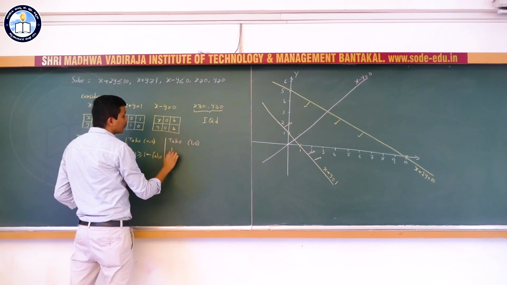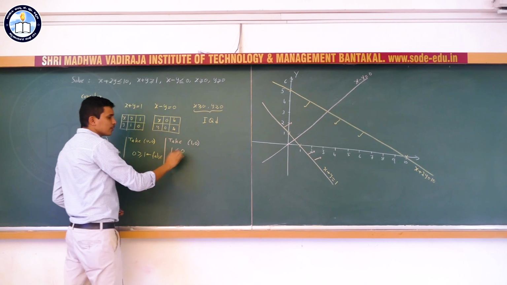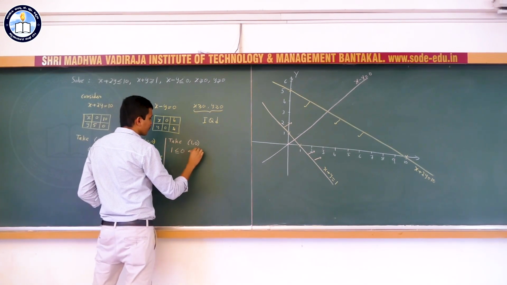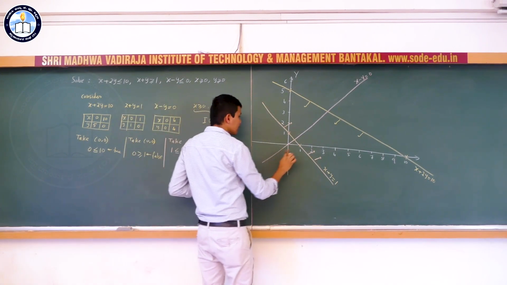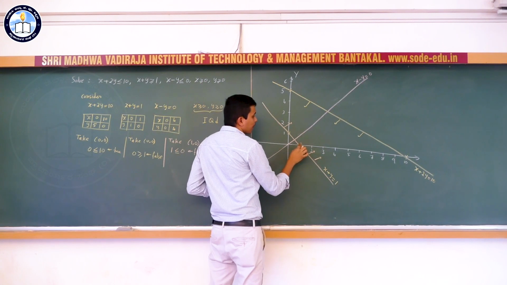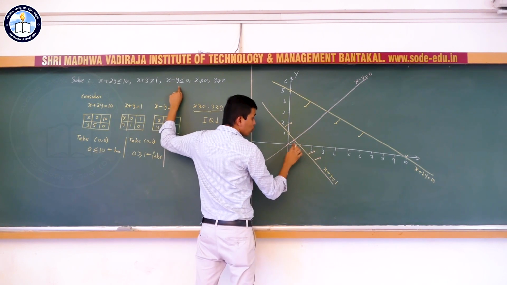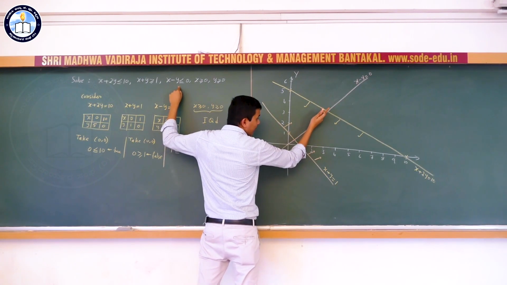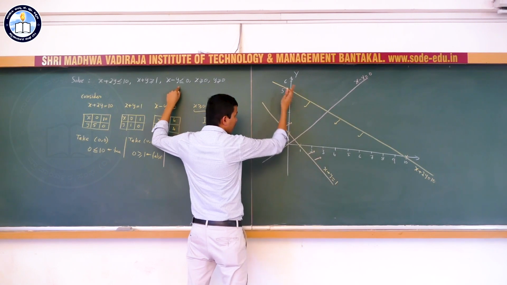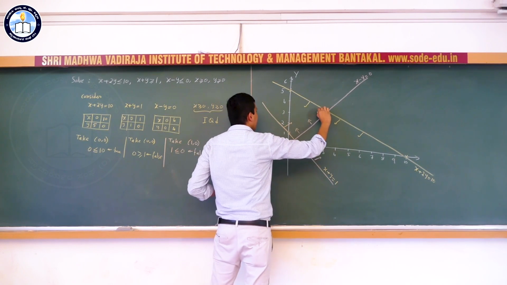X is equal to 1 minus 0, it is 1 less than or equal to 0. 1 is less than or equal to 0, it is false. If it is false, 1, 0 doesn't satisfy that inequality, that means I don't want the 1, 0 containing side with respect to this particular line, right? So I don't want this side, I want the upper part of this line. So here it comes with this side.